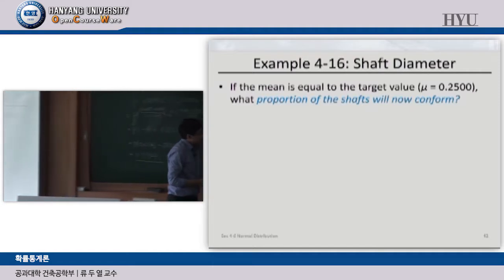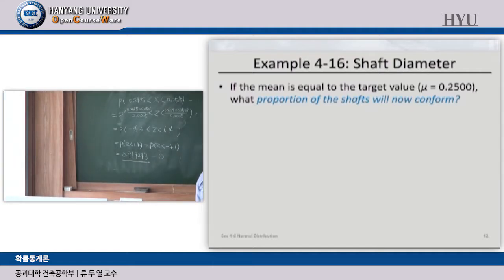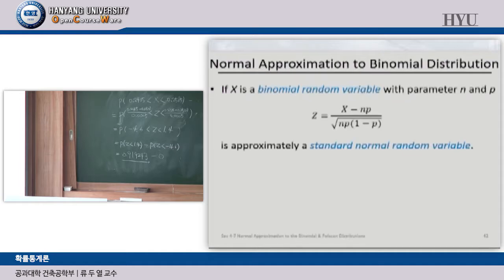And if the mean is equal to the target value, mu equal to 0.25, what proportion of the shafts will now conform?